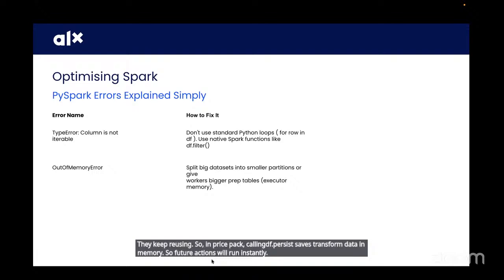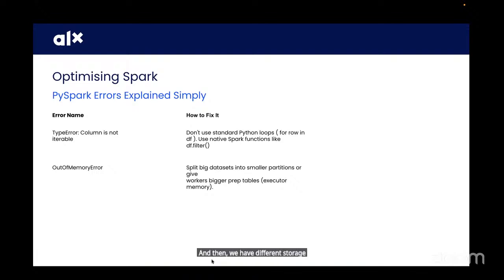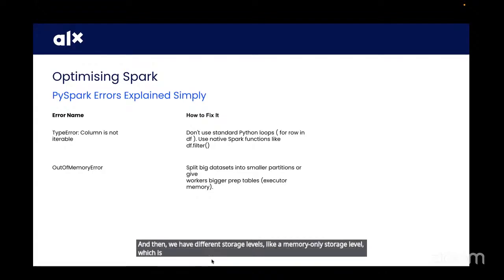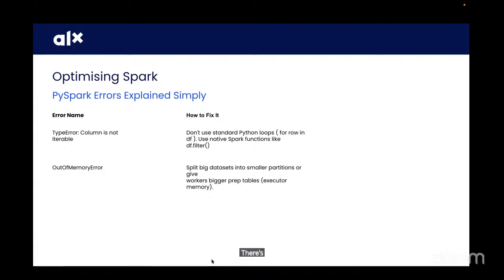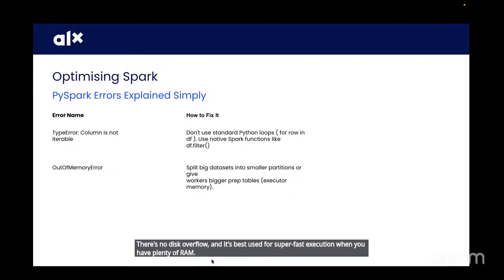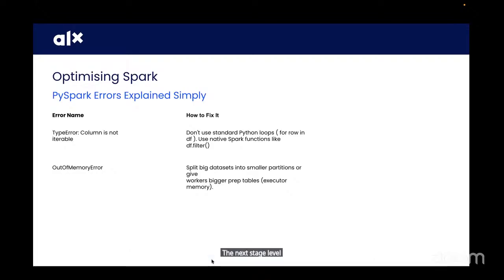And then we have different storage levels, like our memory only storage level, which is uncompressed. There's no disk overflow, and it is best used for super fast execution when you have plenty of RAM. The next storage level is memory and disk, and it's also uncompressed, and it's possible to have your disk overflow. It's the safest option.